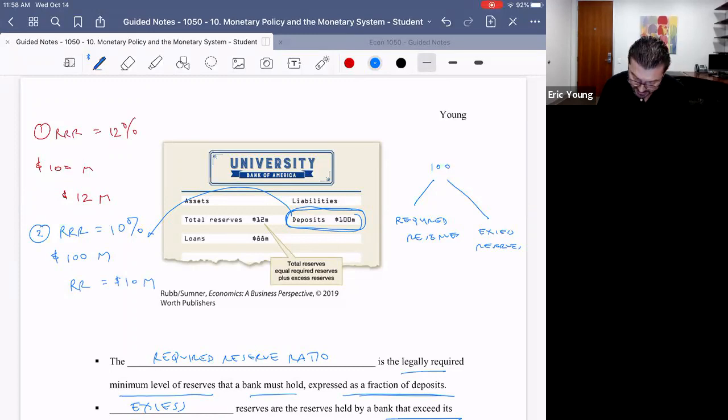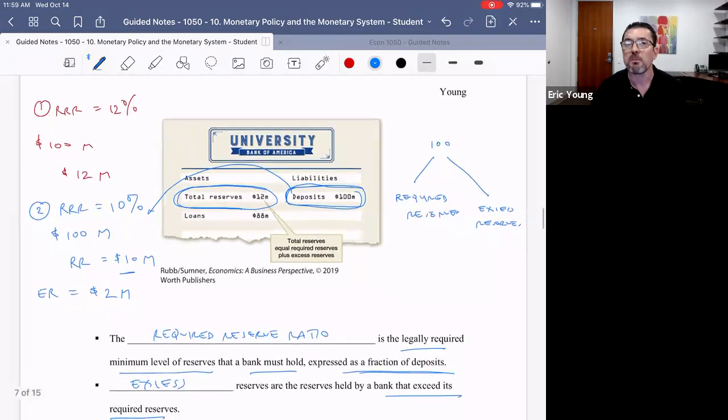But notice they have total reserves of 12 million. Since they have total reserves of 12 million and only 10 of those are required, this bank would have excess reserves of 2 million.